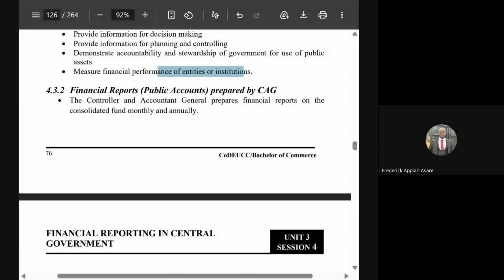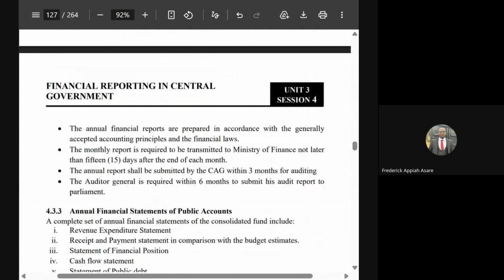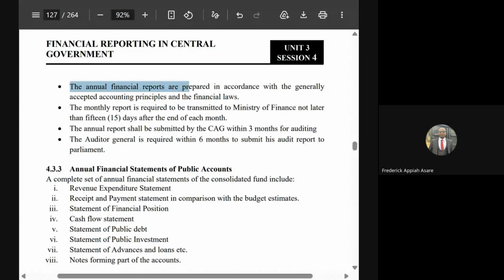Now, when it comes to the financial report, it's usually prepared by the Controller and Accountant General. They prepare the financial reports on the consolidated fund monthly and annually. And the annual financial reports are prepared in accordance with the generally accepted accounting principles and the financial laws. The monthly report is required to be transmitted to the Ministry of Finance not later than 15 days after the end of the month.